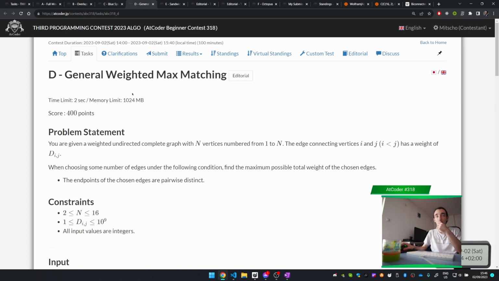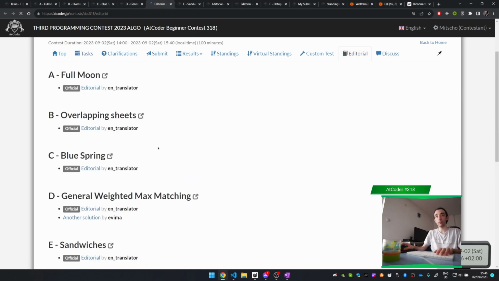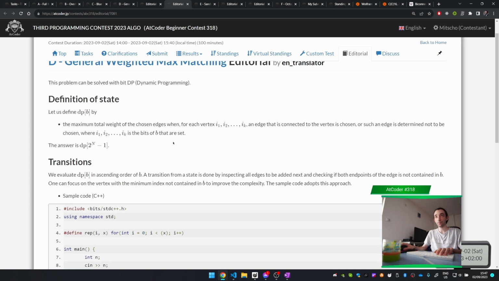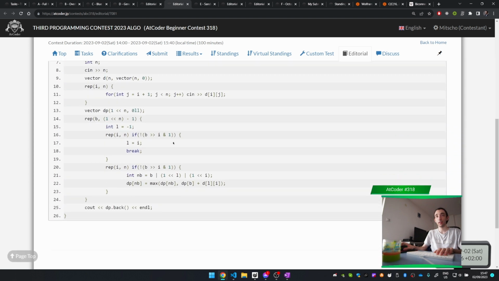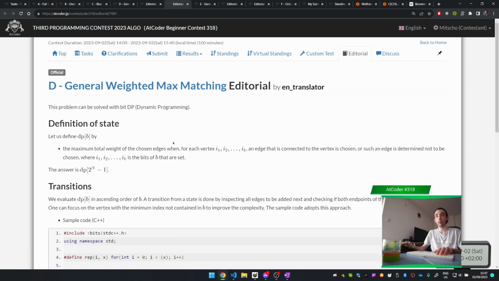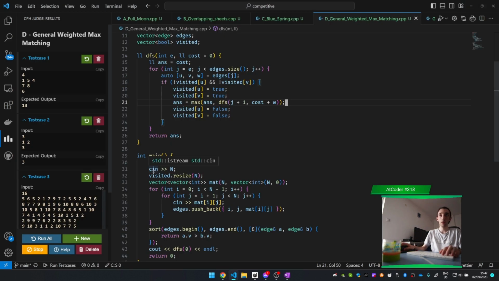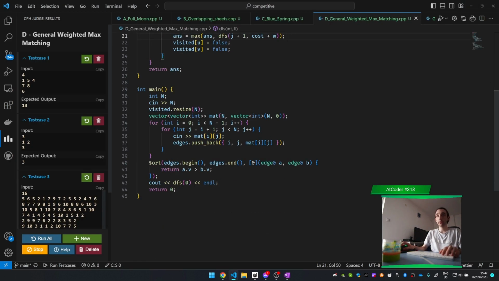Now D, I don't know what the editorial for D is, but apparently it's DP. What I did is just brute force. I sort the edges first by V, from either U or V, but I sort them by V, whatever, doesn't really matter.